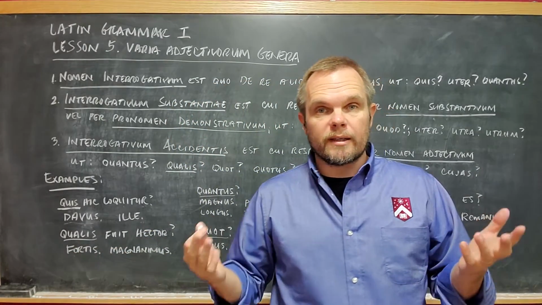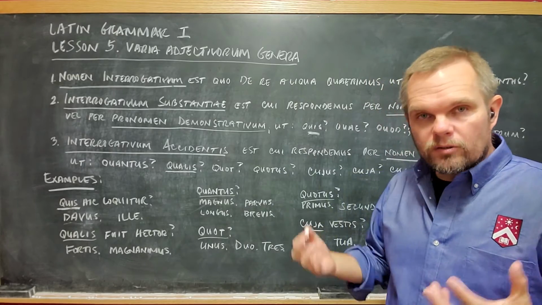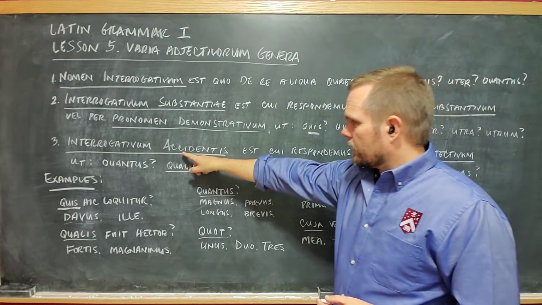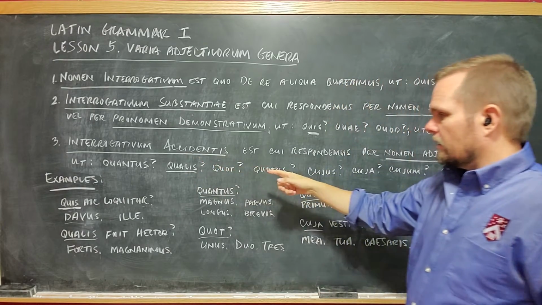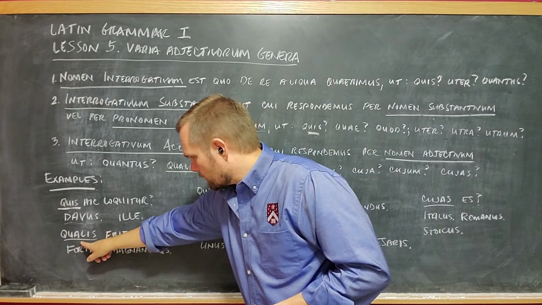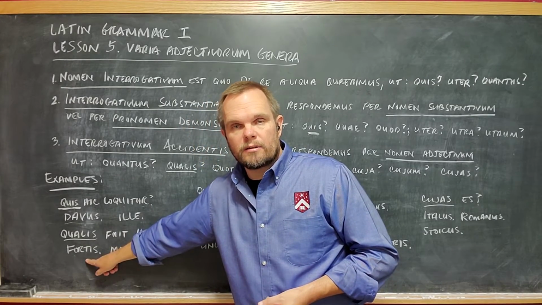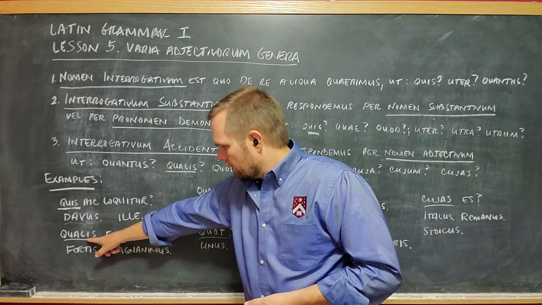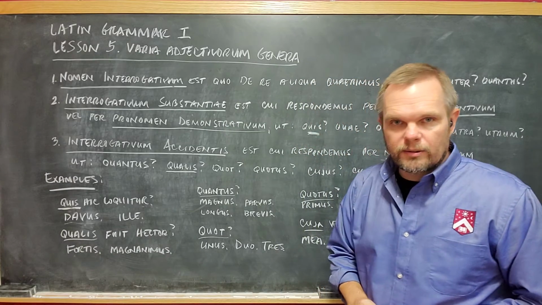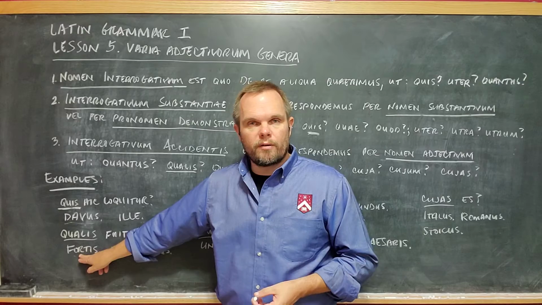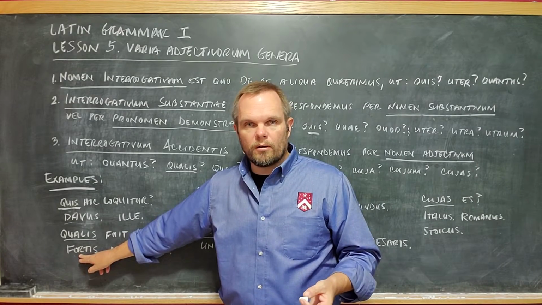Fortis is an adjective noun that means strong. So an interrogative of accident is a noun which asks a question to be answered by an adjective noun. And we see the noun qualis introduces a question that's answered by the adjective fortis, strong.